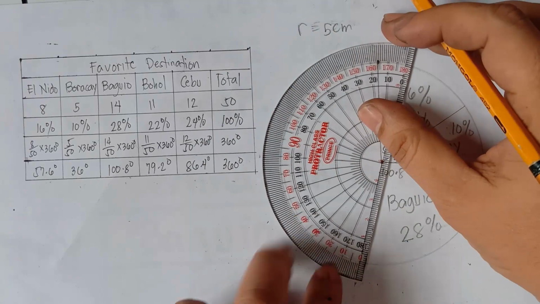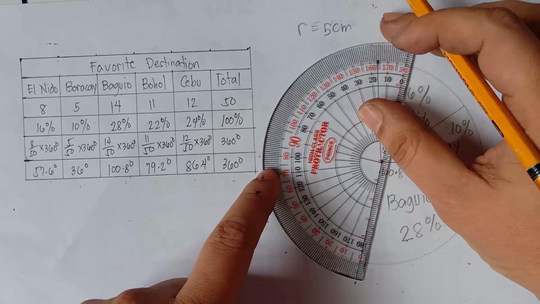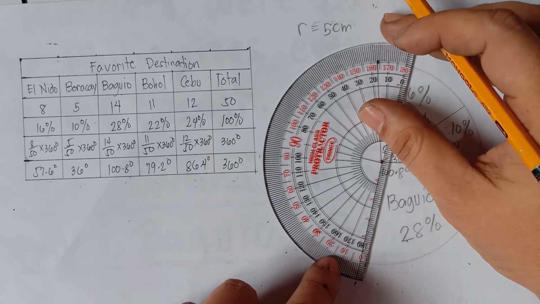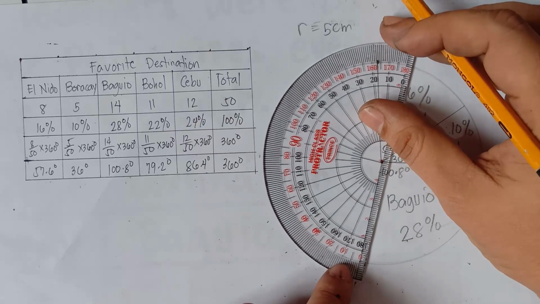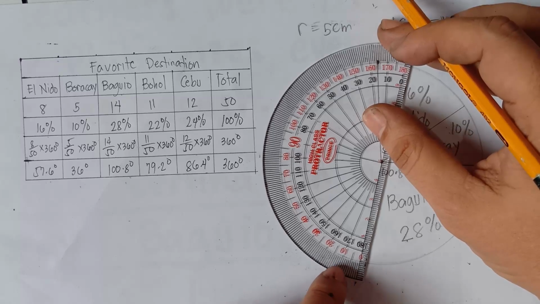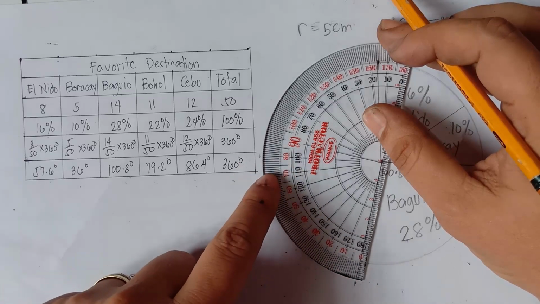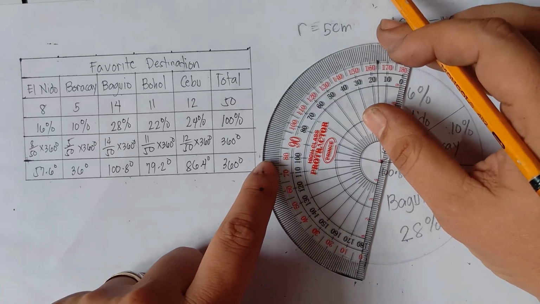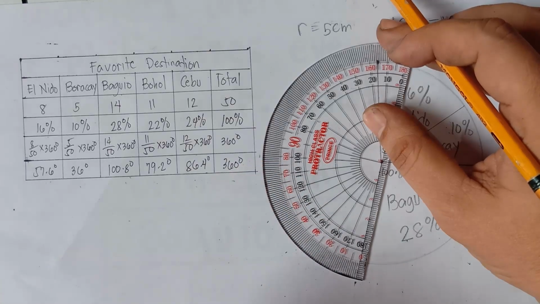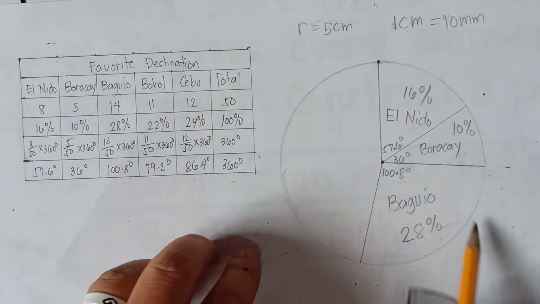Okay, once again, 10, 20, 30, 40, 50, 60, 70, 80. Let me just double check, class. Once again, class, you always double check. 10, 20, 30, 40, 50, 60, 70, 75. Then this is 80. Then before 80, that would be 79. Okay, that's correct.